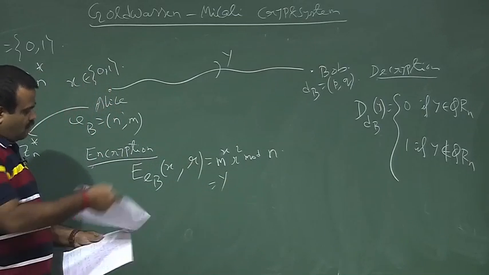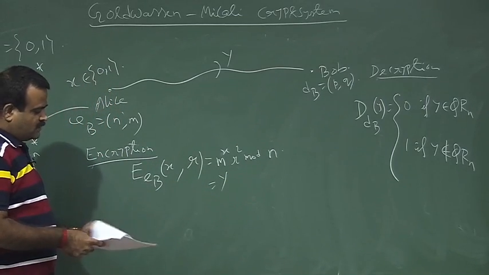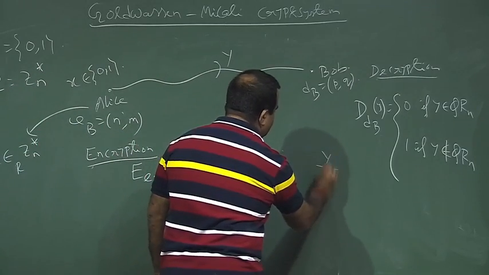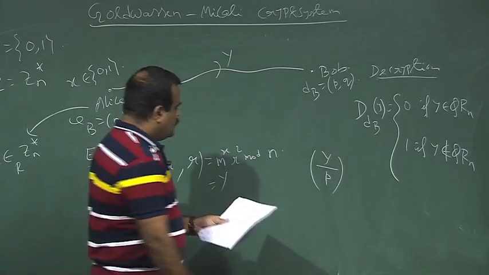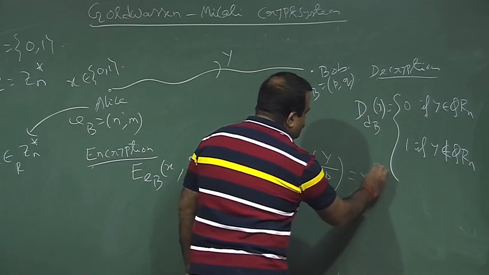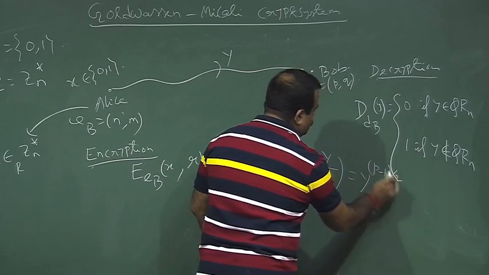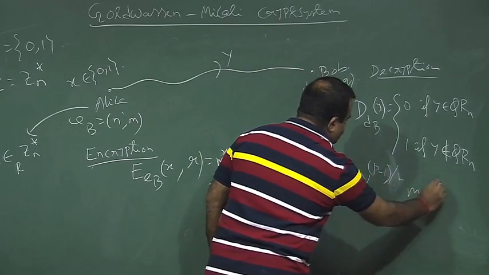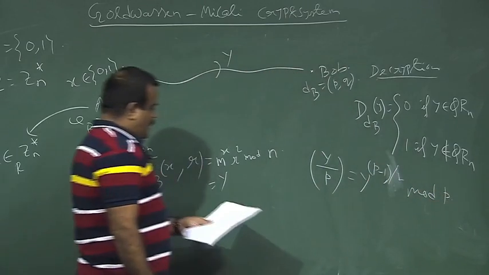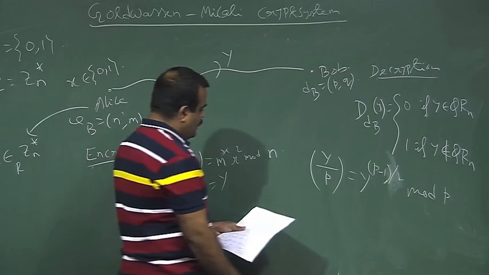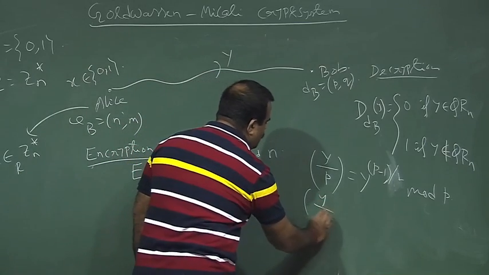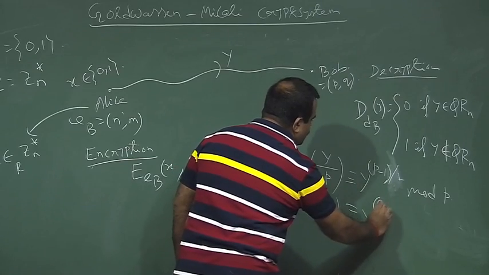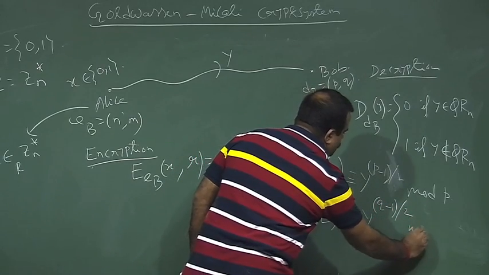To check that, what can Bob do? Bob has to calculate this number. Bob can check whether y by p, the Legendre symbol, is congruent to y to the power (p minus 1) by 2 mod p, and also whether y by q is congruent to y to the power (q minus 1) by 2 mod q.